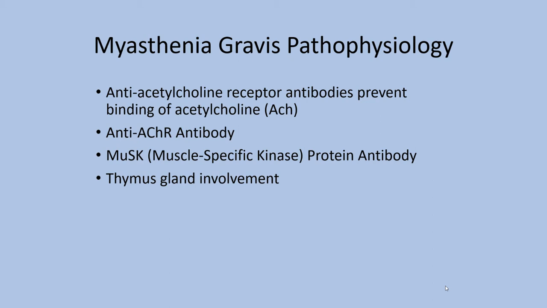So typically, myasthenia gravis patients will have a large thymus gland. As I said, with puberty it usually shrinks and becomes a more fat-like gland. But with myasthenia gravis patients, they'll have a large thymus gland, and they'll also find clusters of immune cells in it.